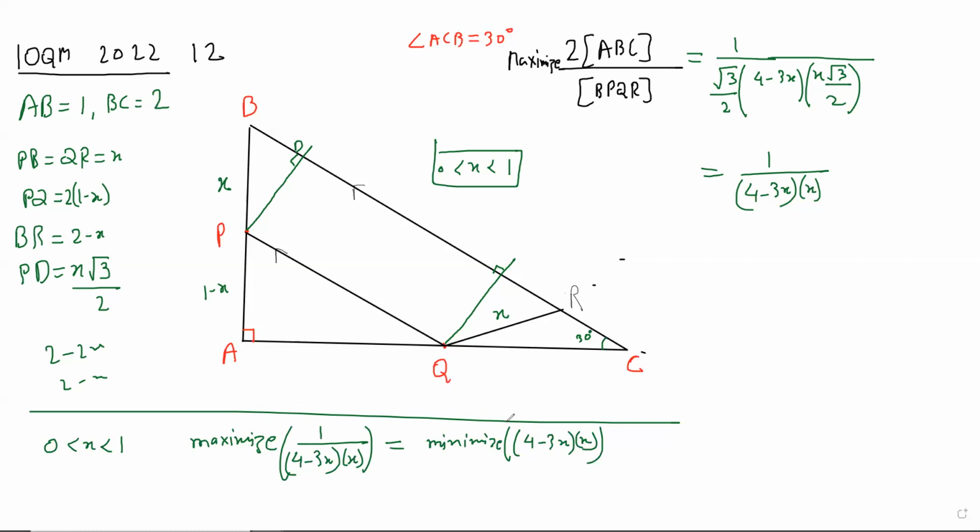I'm saying that we try to minimize this, and then 1 by the minimum will be the maximum. But is something incorrect here?